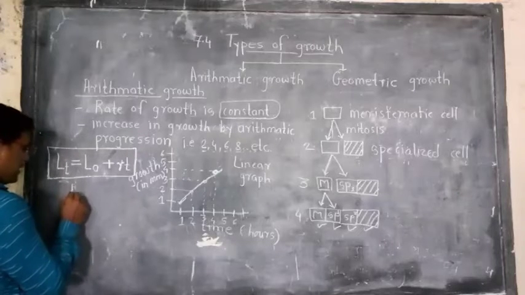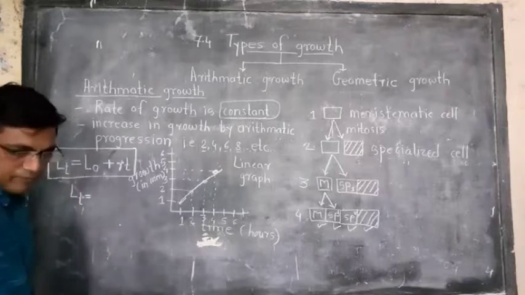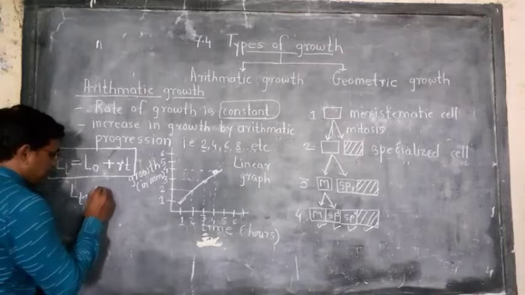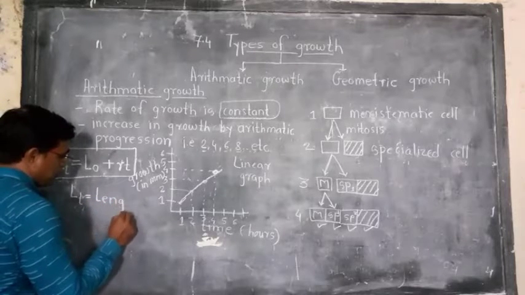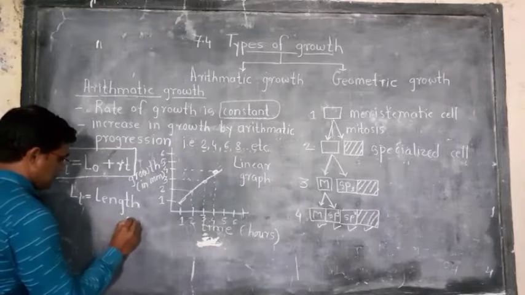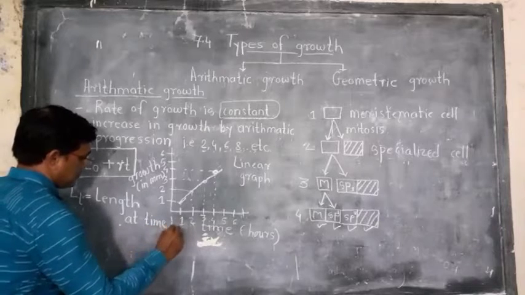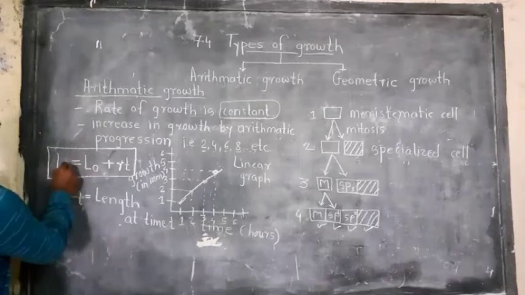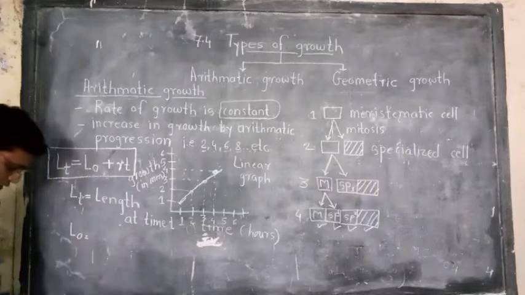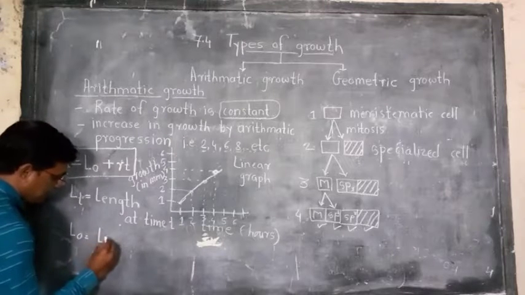Where LT is the length at time t, the length after a particular time. L0 is the length at time 0, meaning the initial length.